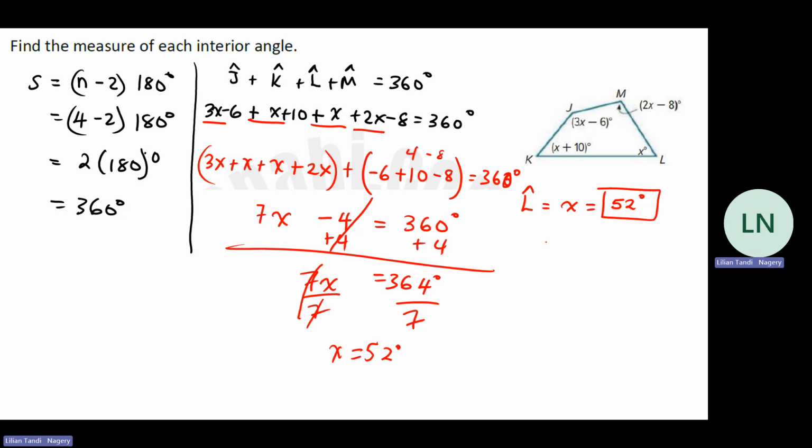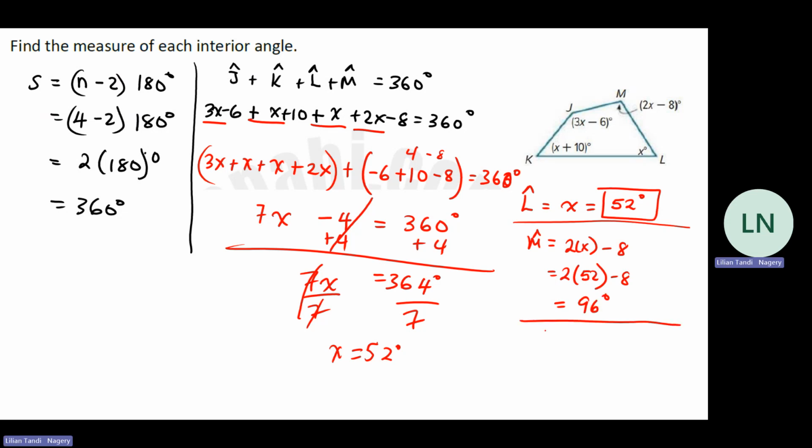You box your answer. The next angle you find is M. Angle M is 2x minus 8, which is 2 times 52 minus 8, which should give us 96.